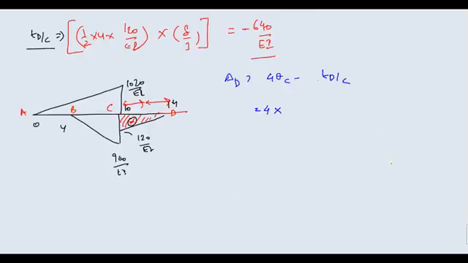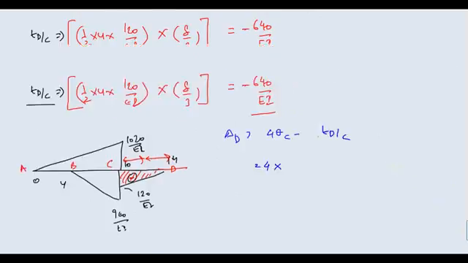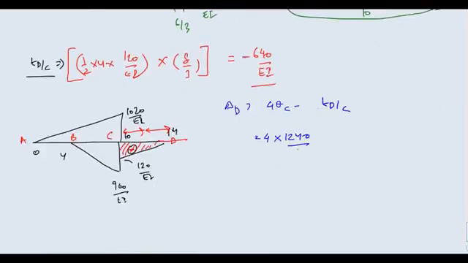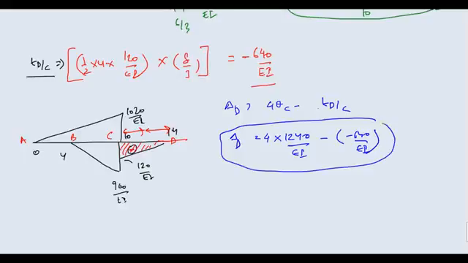Put the values: 4 into theta C is how much? 1240 upon EI. 1240 upon EI minus 640 upon EI. This will be your delta D. I think you can solve this and get the value. I don't have the value with me. You can solve this and get the value of delta D. That is what was asked in the question.